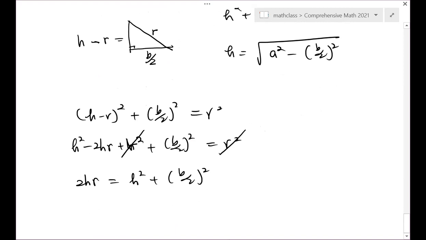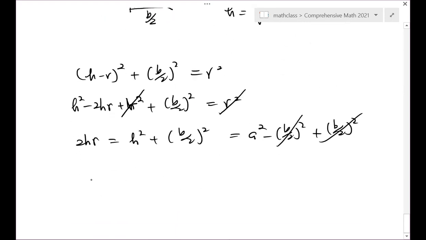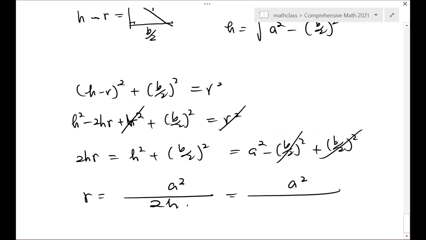You expand it, and h squared is a squared minus half of b squared plus b squared, which cancels out. You only get a squared. So r equals a squared over 2h. But h is the square root of a squared minus half of b squared. So that is the relationship between r and h.